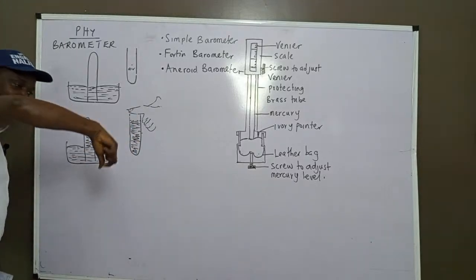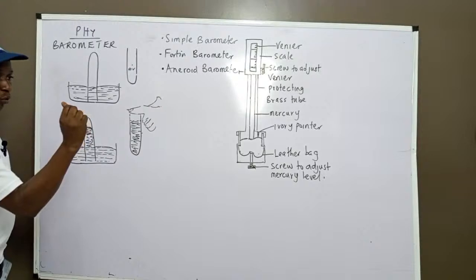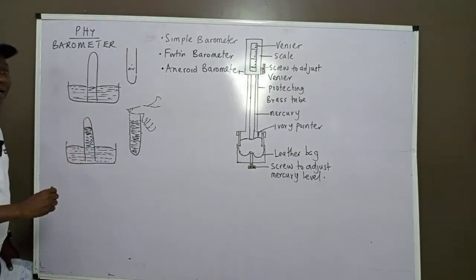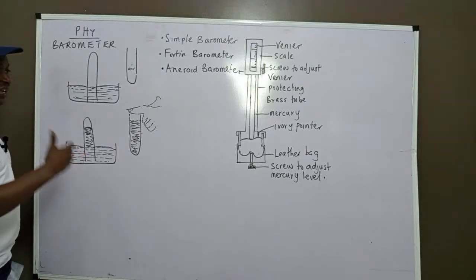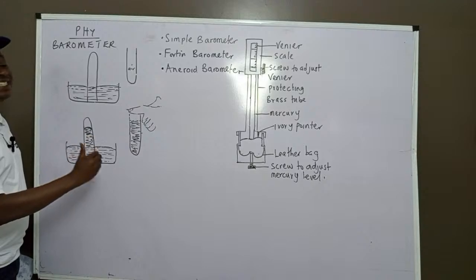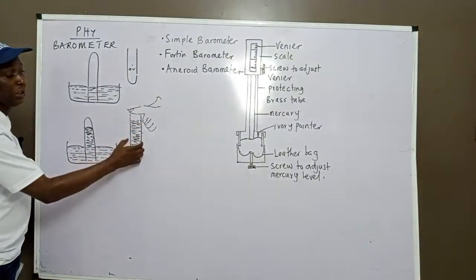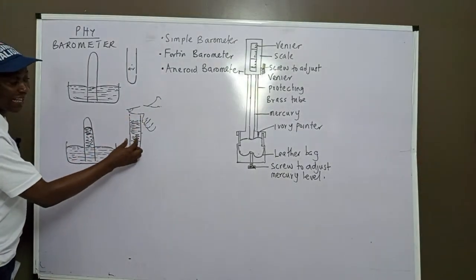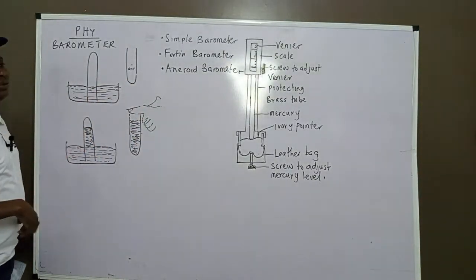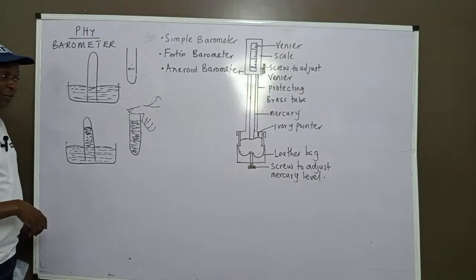When they say invert, that means you cover it and turn it up, down, up, down, several times, to make sure air is not trapped inside the tube. Because if you don't do that, trapped air can affect the result of the barometer.